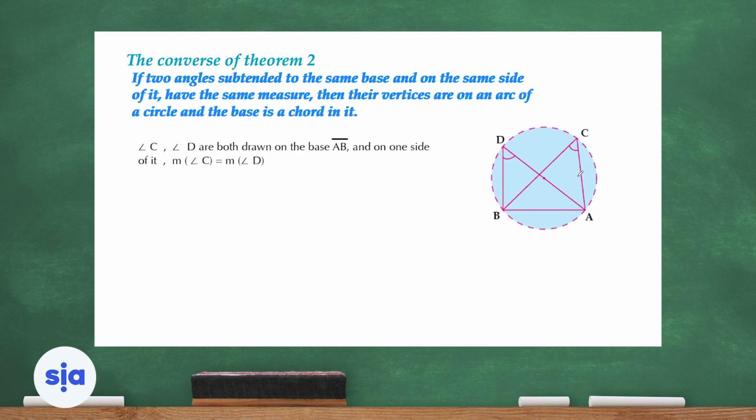As you can see here, angles C and D are both drawn on the same base, which is chord AB, and on one side of it, where angle C is equal to angle D, then the points A, B, C, D lie on one circle, where AB is a chord on that circle.